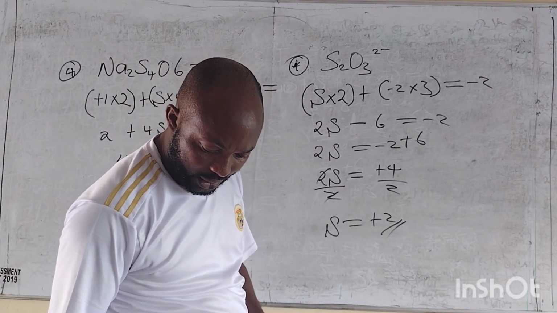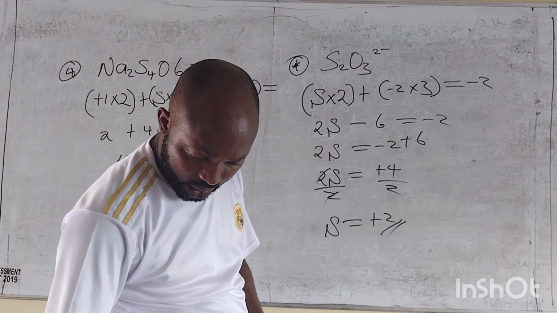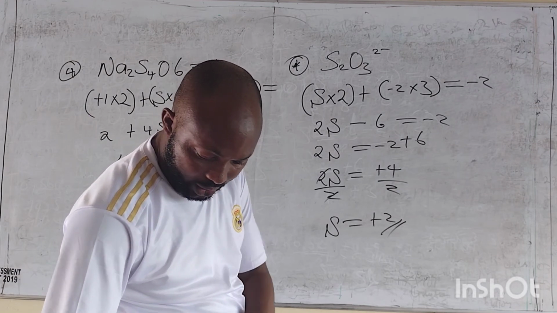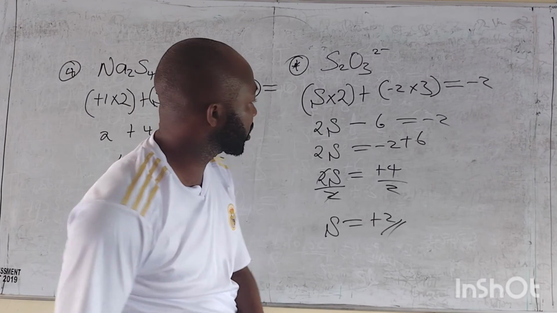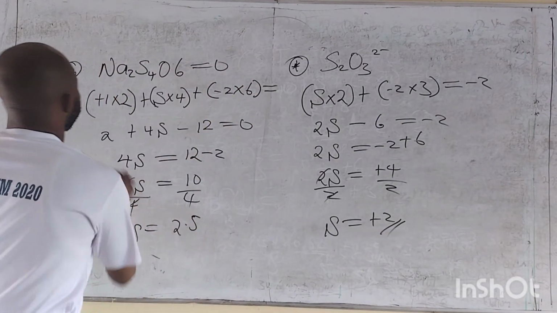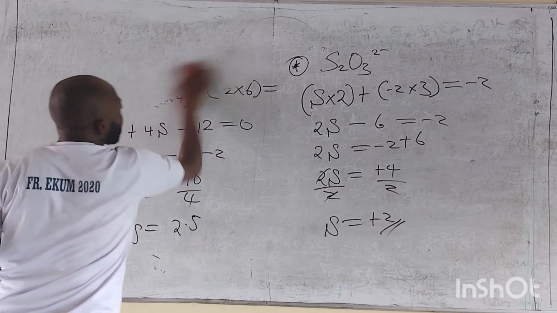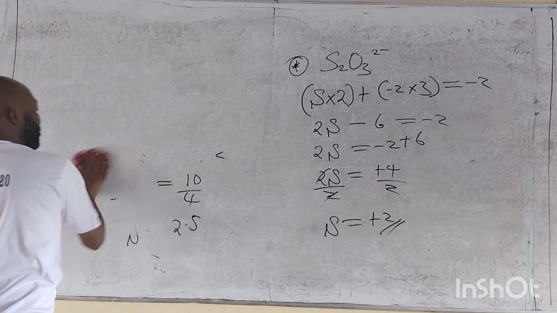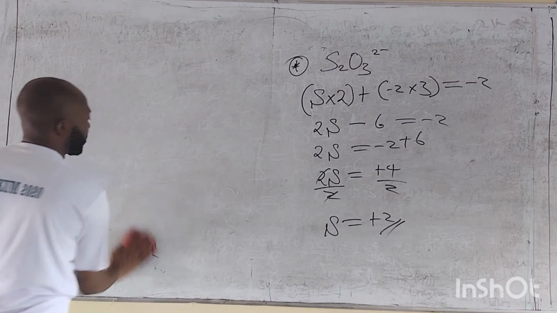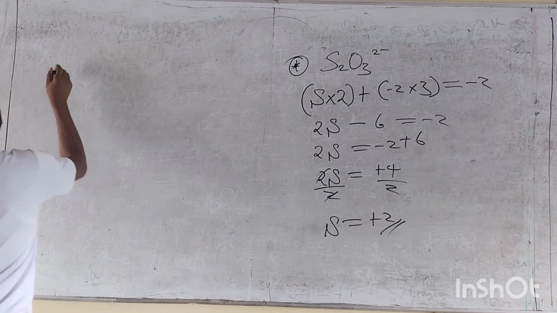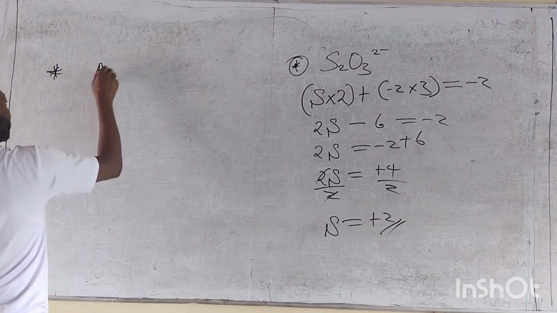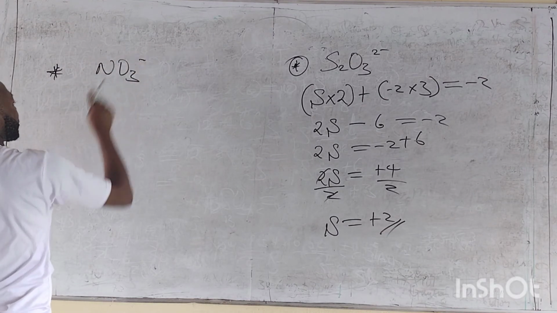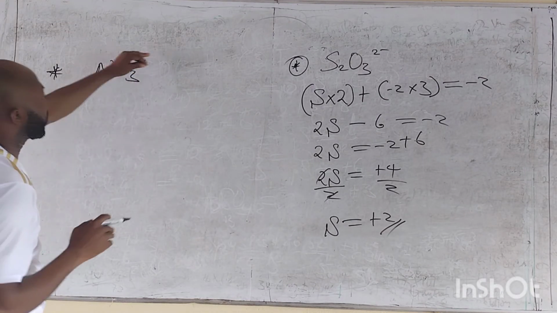Let's take another one. Calculate the oxidation number of nitrogen in this compound. The oxidation number or state of nitrogen in NO3 minus. Remember, whatever we have is equal to the charge.